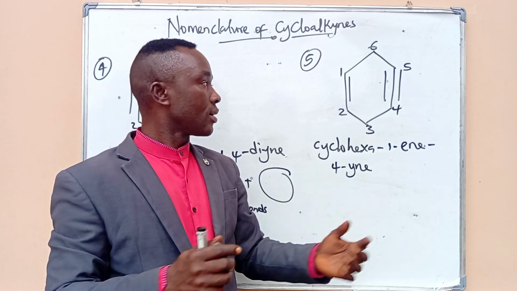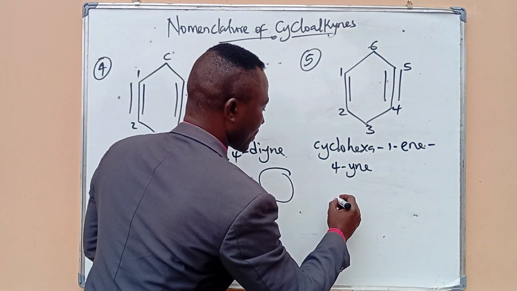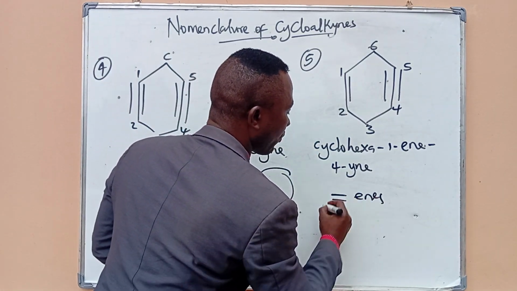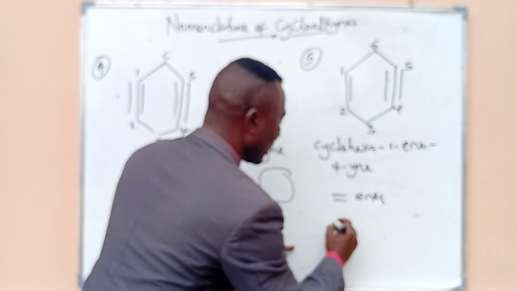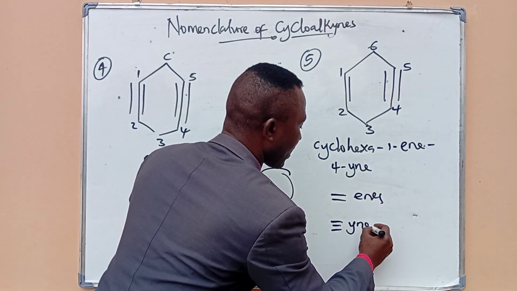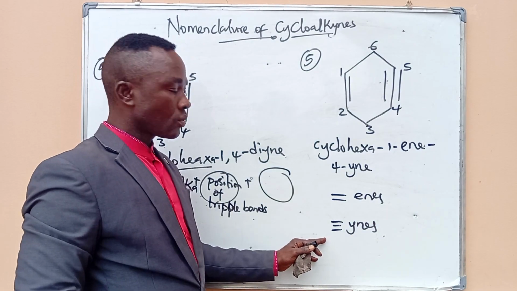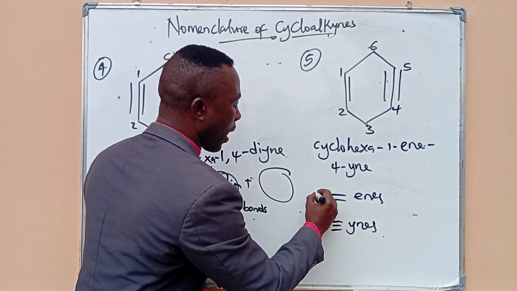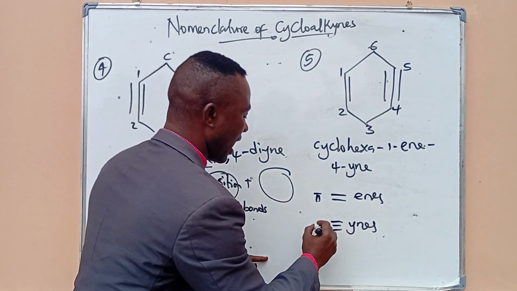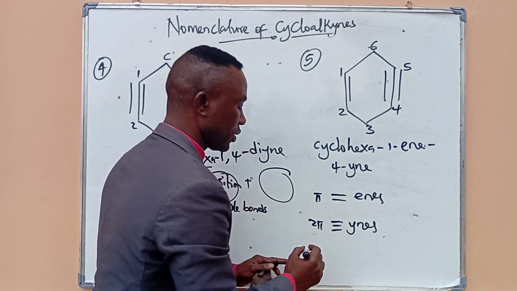Remember, the enes have a double bond, while the ynes have a triple bond. Now the enes have only 1 pi bond, while the ynes have 2 pi bonds.